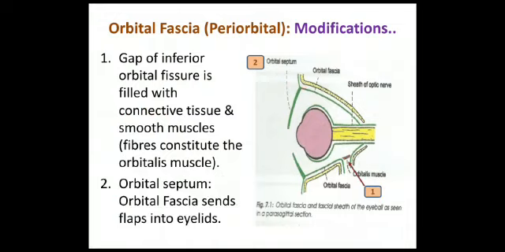So there are various modifications. It fills the gap in the inferior orbital fissure with connective tissue and smooth muscles. These fibers constitute the orbitalis muscle. It forms the orbital septum, so the fascia sends flaps into the eyelids.